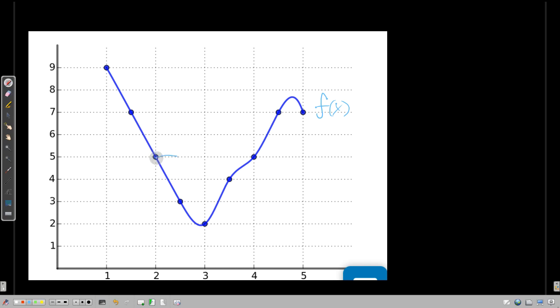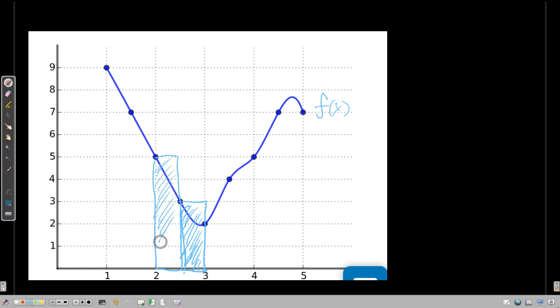So let's draw some rectangles. All right, there's a rectangle. We know the height of that rectangle. We know the width of that rectangle. Here's another one, and this is a left Riemann sum, so that means the left corner points of my rectangles are what touch the curve.